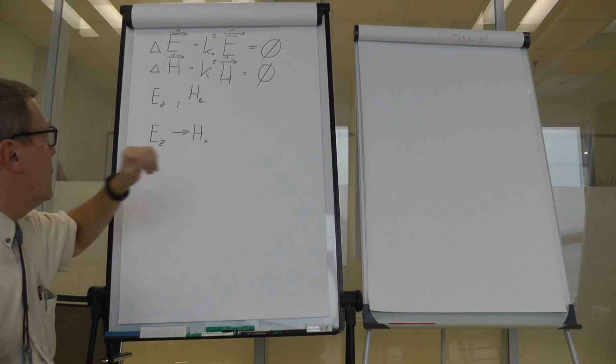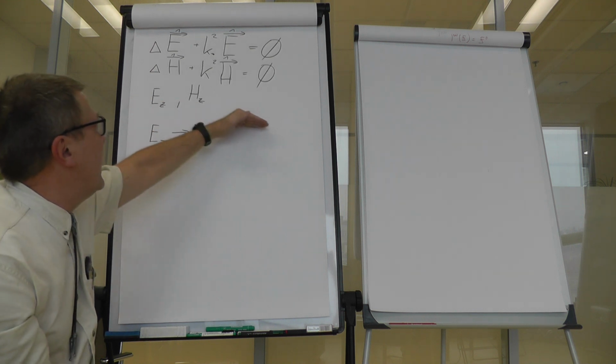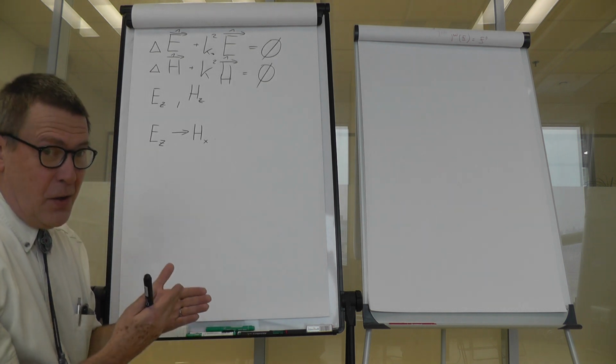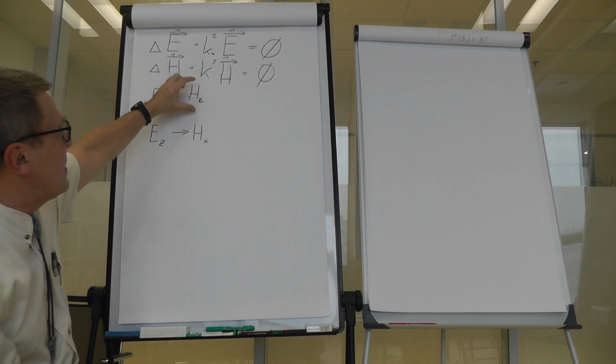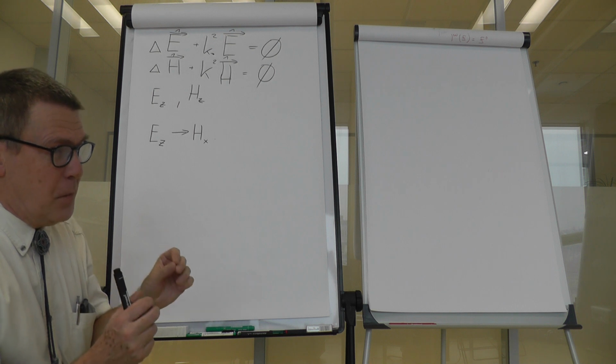But now you can find out that there are two separate fields that could exist in a waveguiding structure. One is derived from Ez, the other is derived from Hz. And now different authors call that in different manners.